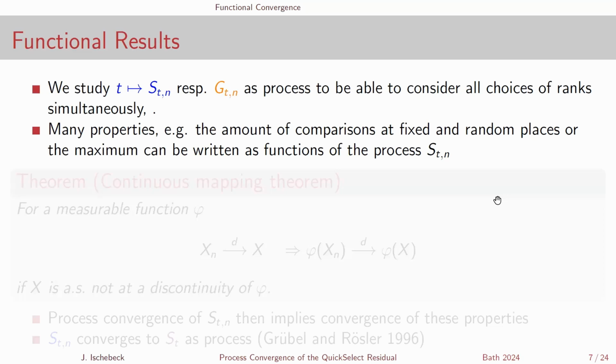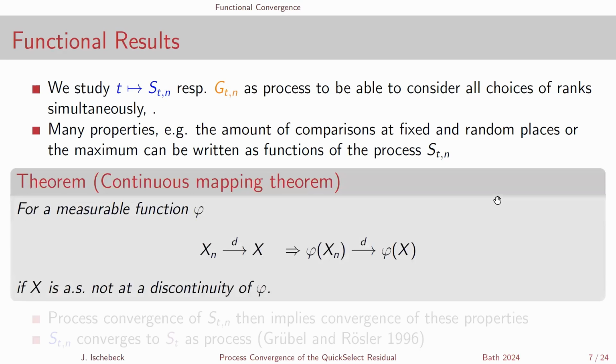If we study the process, we can consider all choices of rank simultaneously. You see there are many ways to choose the rank. And if we choose the rank, then the amount of comparisons, for a fixed point or for a random point, can be written just as functions of this function t to S_tn or t to G_tn.